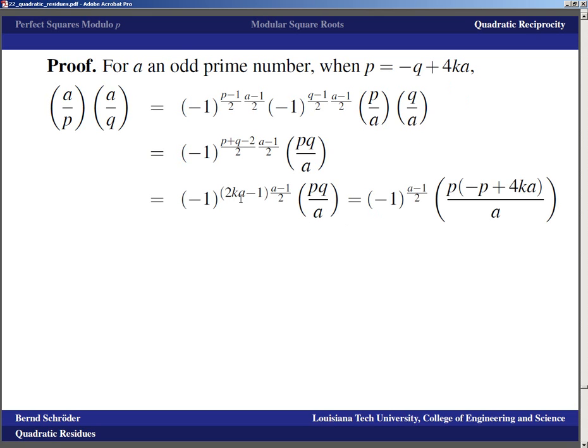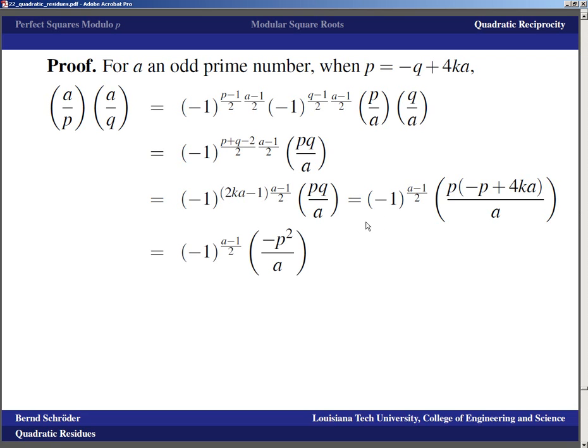And because 2ka−1 is an odd number, that is, of course, then (−1)^((a−1)/2) times the Legendre symbol of pq over a. And remember, p is −q plus 4ka, so q is also −p plus 4ka, and so we end up with p times (−p plus 4ka) here.